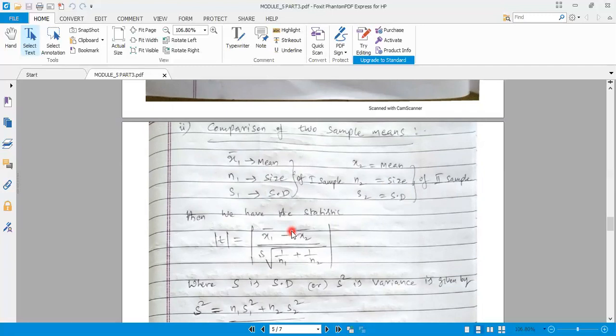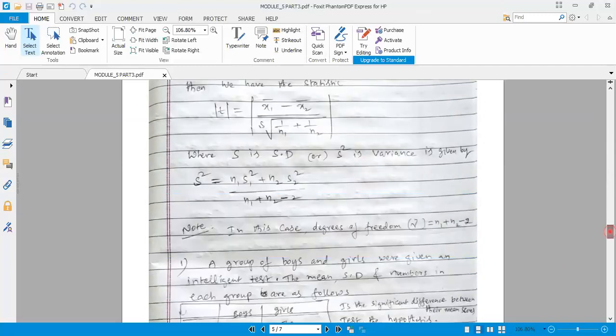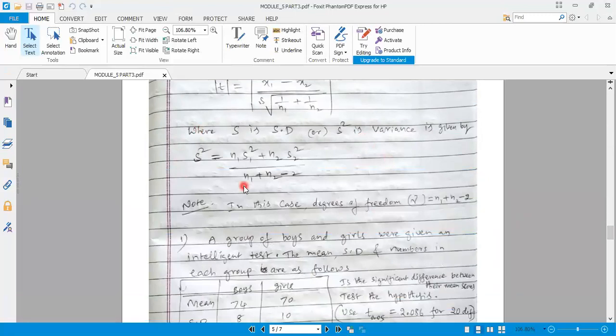Now we have by t-test x1 bar minus x2 bar divided by s into under square root 1 by n1 plus 1 by n2, where s is the standard deviation or s square is the variance. So we have the relation to find the variance: n1 s1 square plus n2 s2 square divided by n1 plus n2 minus 2, where the degrees of freedom is n1 plus n2 minus 2.